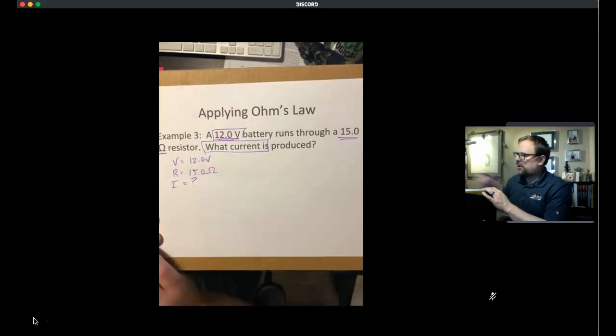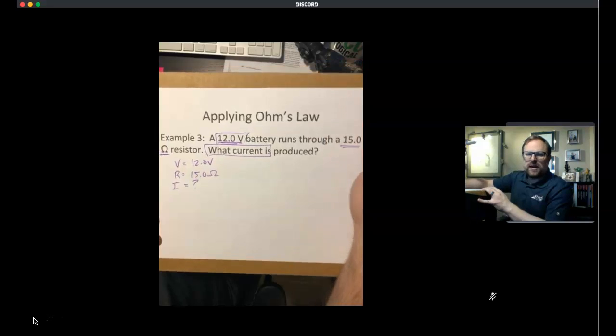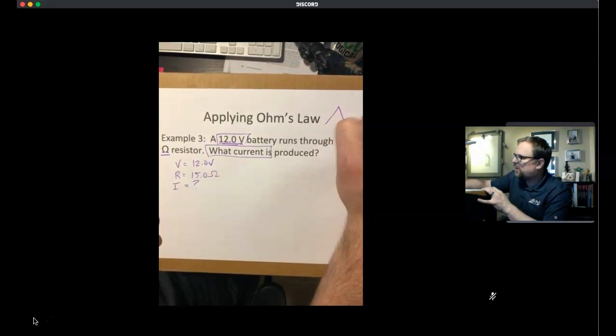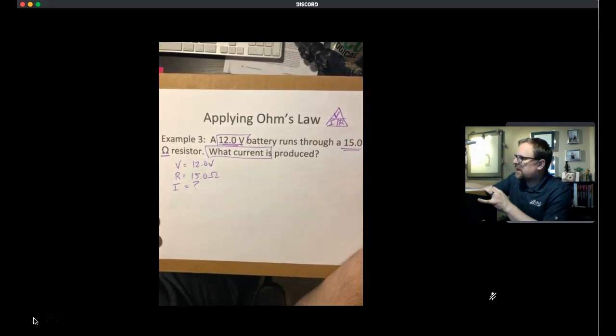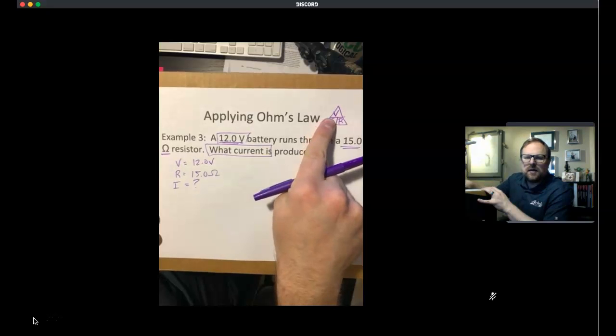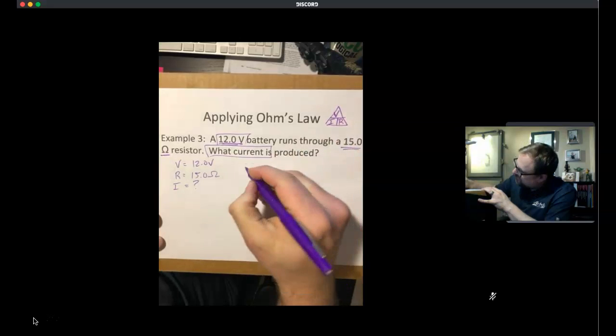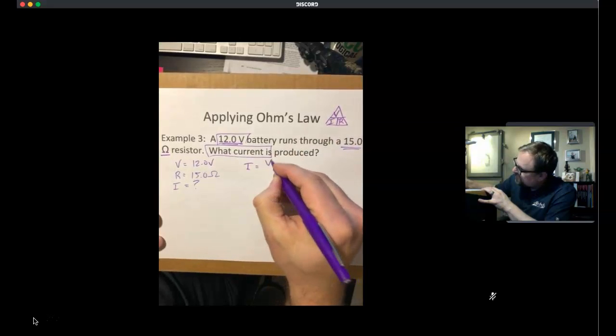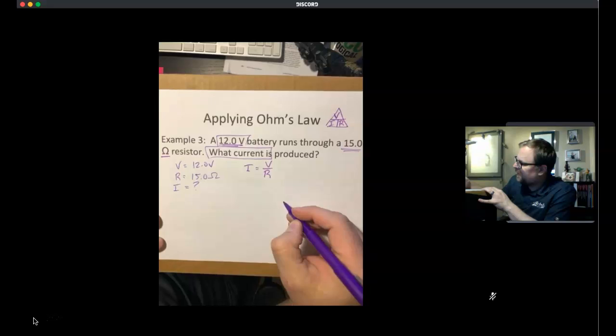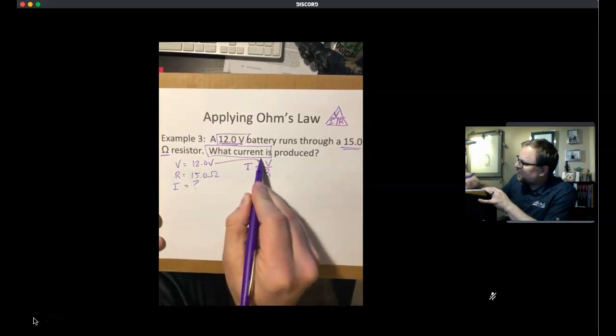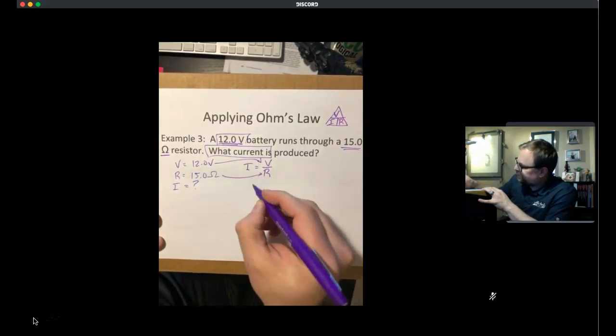I, question mark. We'll go back to our little triangle we've been fiddling with. We've got V, I, and R. In this case now we're trying to figure out I. So that is going to be V divided by R. So I is V over R. V goes here, R goes here.